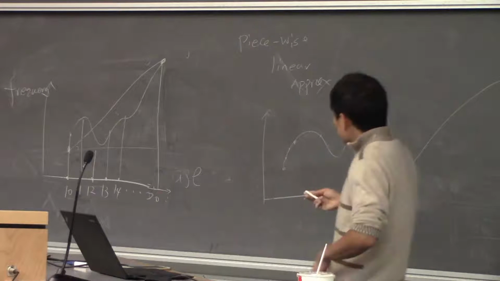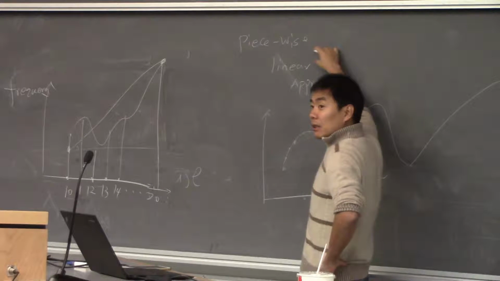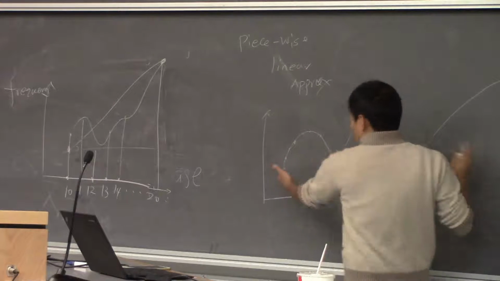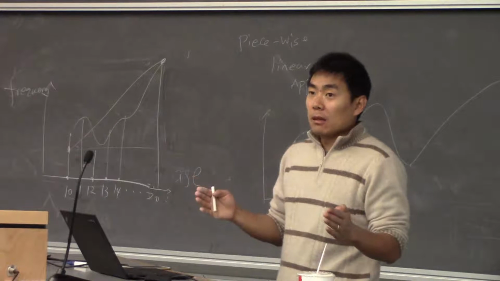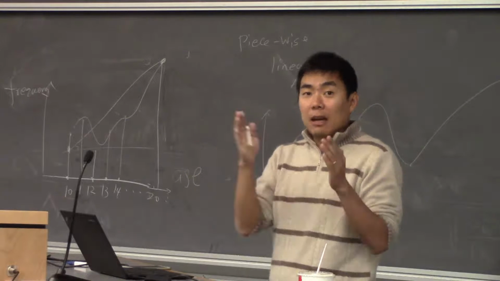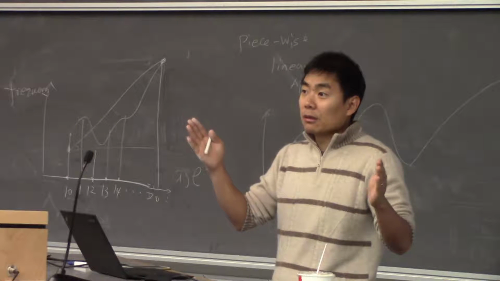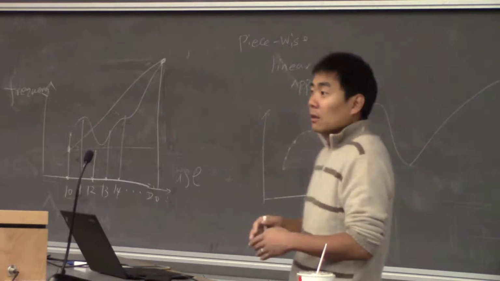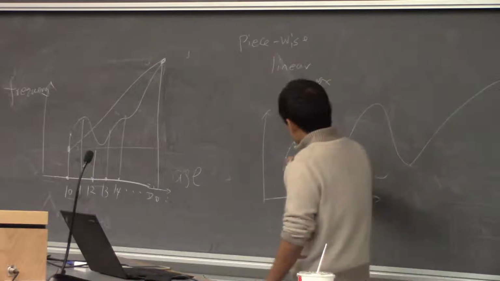So what you do is a piecewise linear approximation. What do I mean by piecewise linear? Meaning that you approximate this curve with a collection of line segments. That's why it's called piecewise linear, because every single piece is linear. Your line segment is a linear curve.